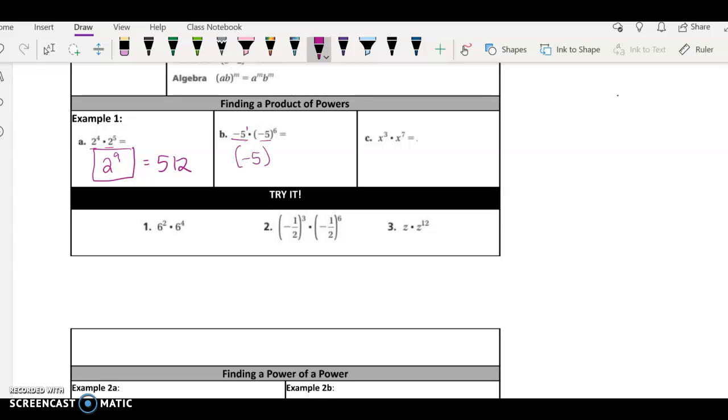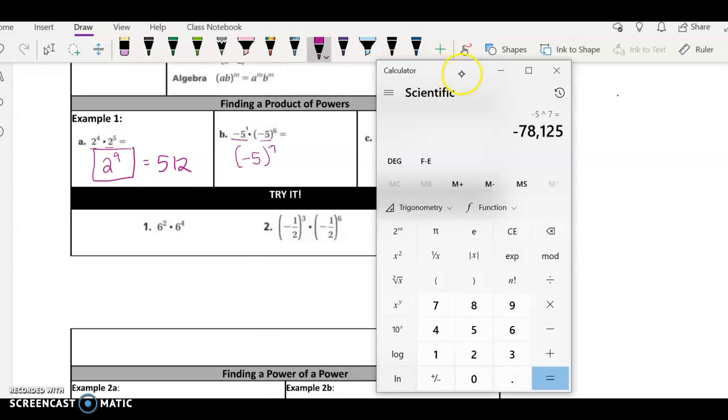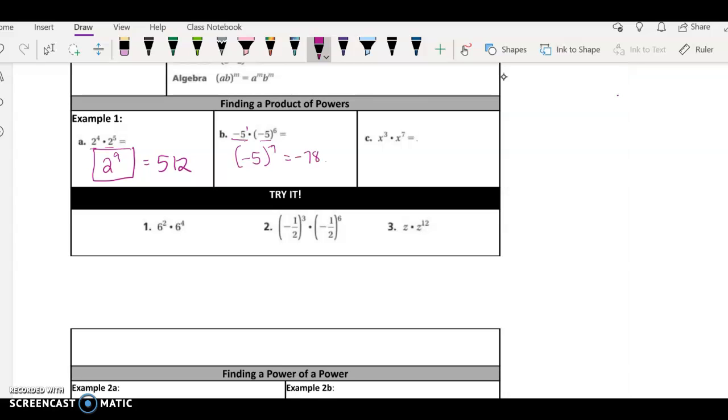And then 1 plus 6 is 7. So I can simplify that even more now by doing negative 5 to the 7th power. Rather large number. So we get negative 78,125. And that's my final answer for that one.